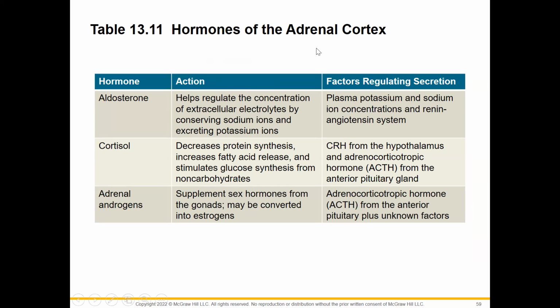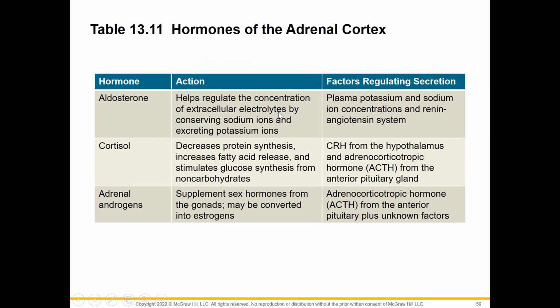Hormones of the adrenal cortex. So the three that we just talked about, in chart form for those of you who are more visual learners: you have the aldosterone, cortisol, and the androgens. So aldosterone helps to regulate concentrations of extracellular electrolytes by conserving sodium and excreting potassium.